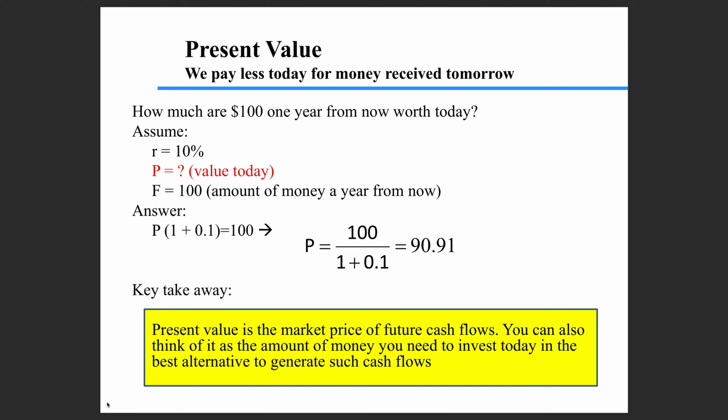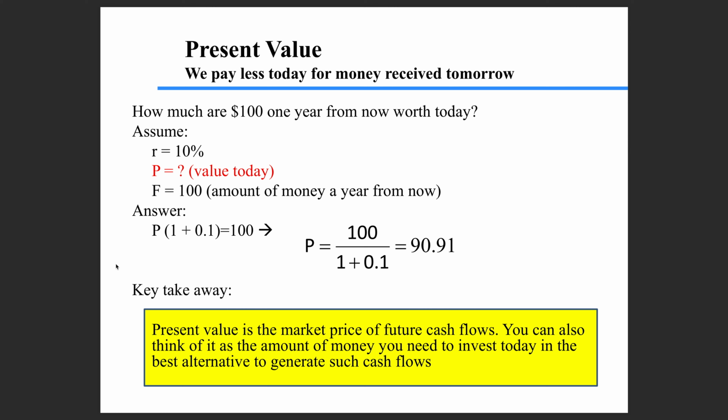The answer is it's 100 divided by 1 plus the 10% interest rate. Again, I start with the same equation, but I solve this equation for P instead of F. So the amount of money I will pay today for $100 1 year from now is $90.91, assuming that I could earn 10% interest on my investment.